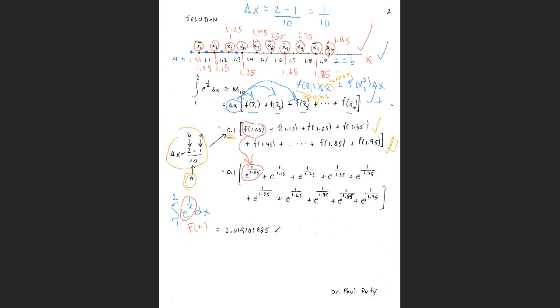When you have f of 1.15, that would equal e to the power of 1 over 1.15. And you have to do this for all 10 values.